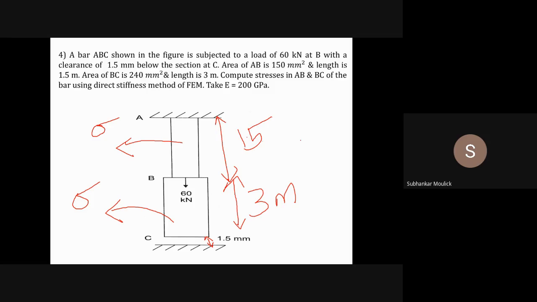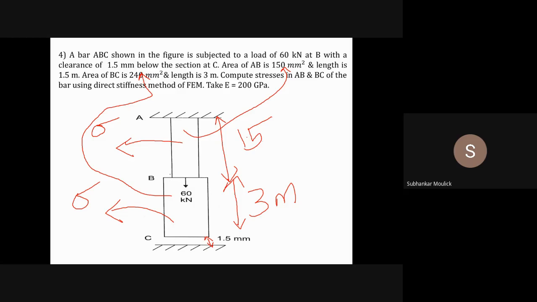Also in the problem, it is given that the cross-sectional area of bar AB is 150 mm square and the cross-sectional area of bar BC is 240 mm square.